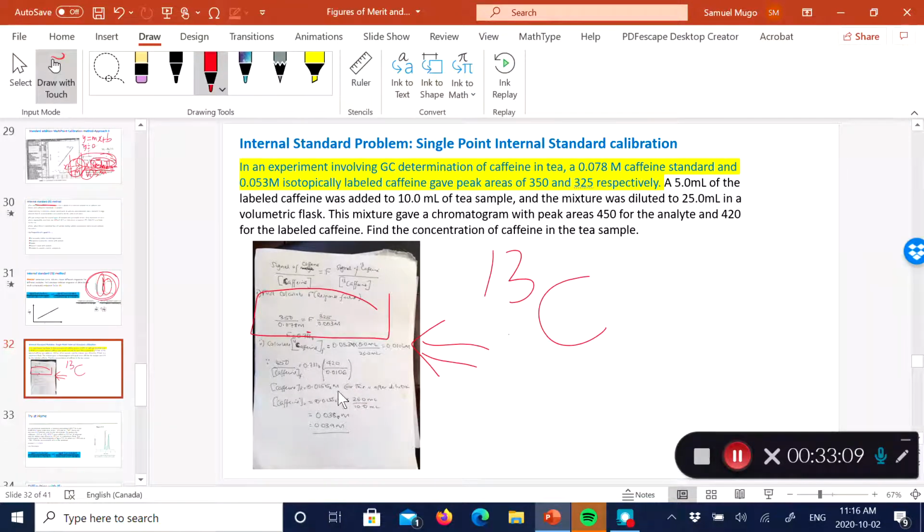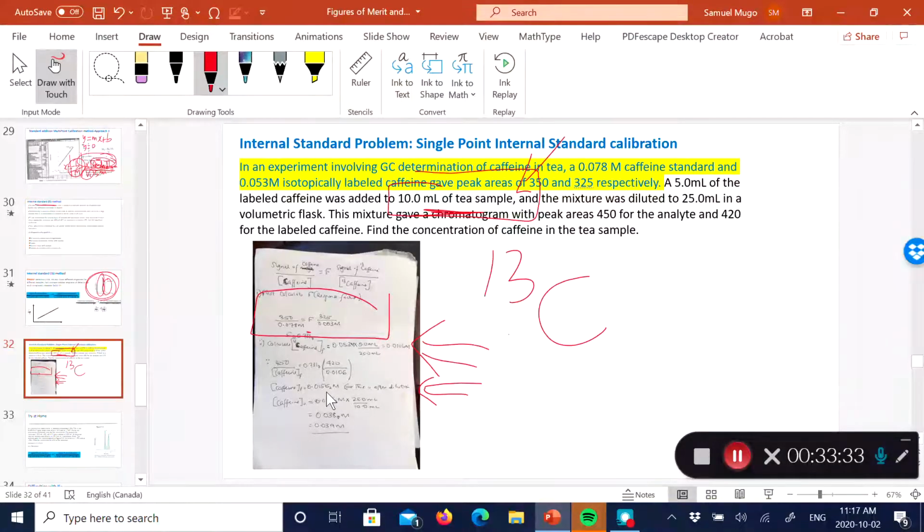And so after you do the calculation, you're going to see the concentration is equal to this, okay? But this is a concentration before dilution, and you'll be looking at the concentration of the caffeine that was present in the tea originally. So remember, you have to work backwards. And how do you do that?